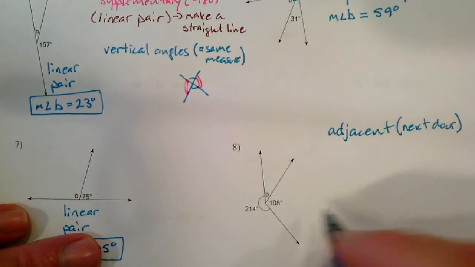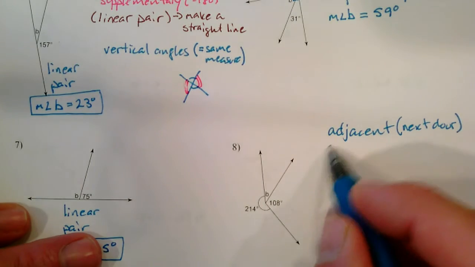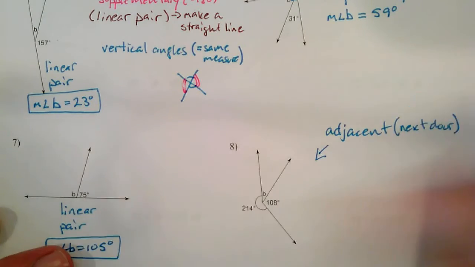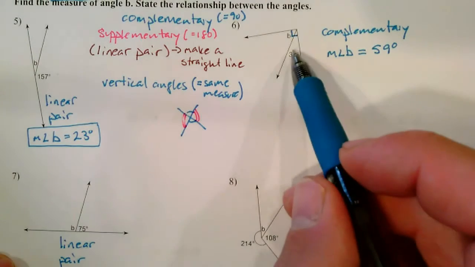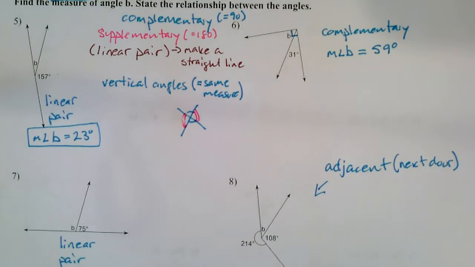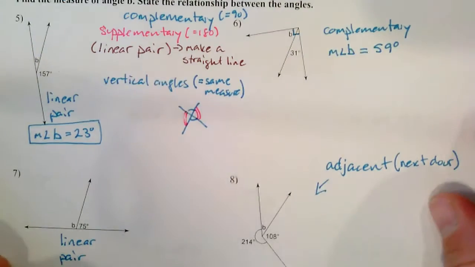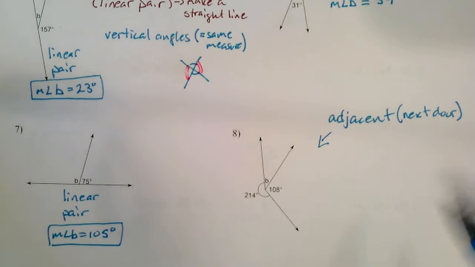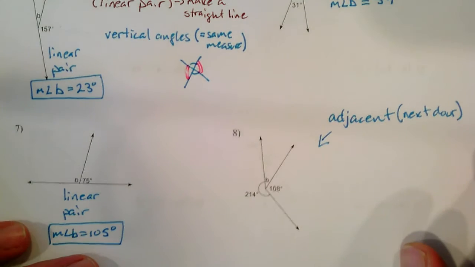They are adjacent. And that's what these are right here. Now notice that B and 75, they're also adjacent. In fact, so are these up here. Any two angles that are just right next door to each other are adjacent. But these are special cases of adjacent angles, and these, not a special case, just ordinary adjacent angles.